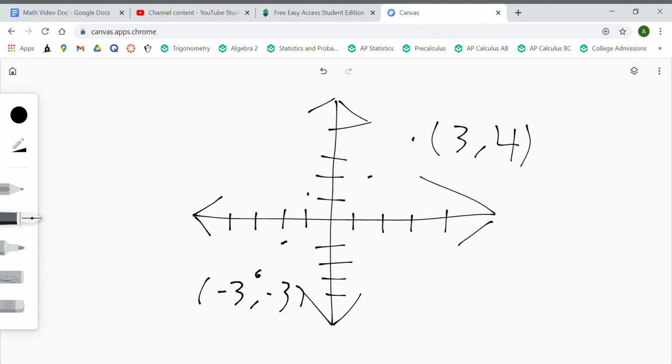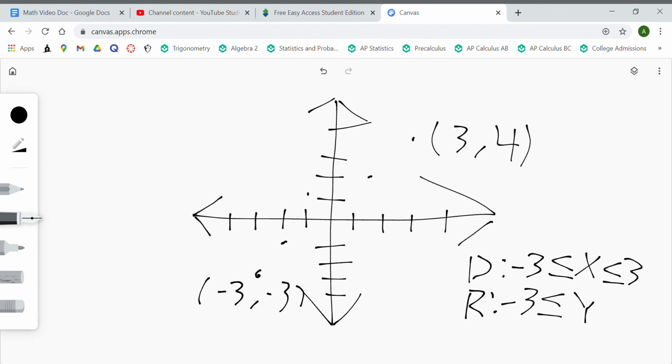So we can really describe this very simply. So we have left side x value, -3 is less than x, less than or equal to 3, because that's the right side maximum value for x. And then the range, -3 is less than y, less than 4.